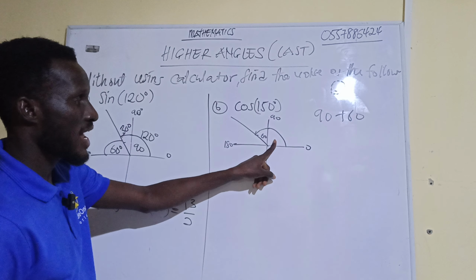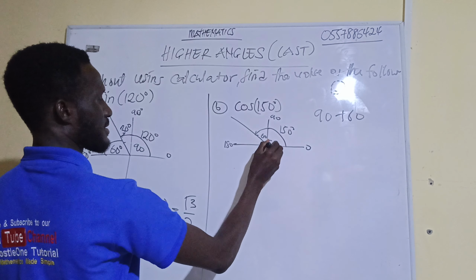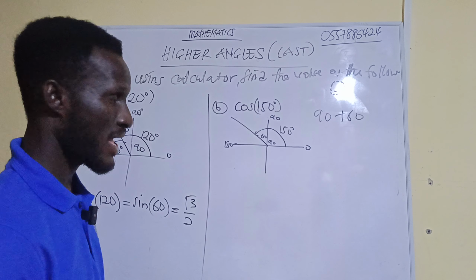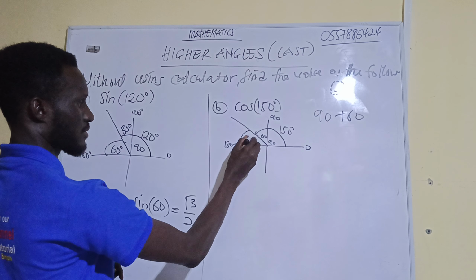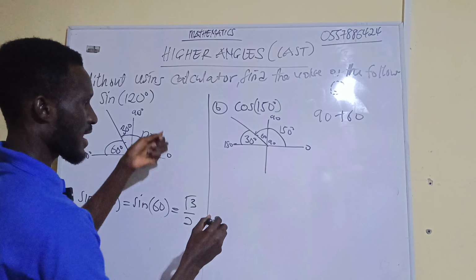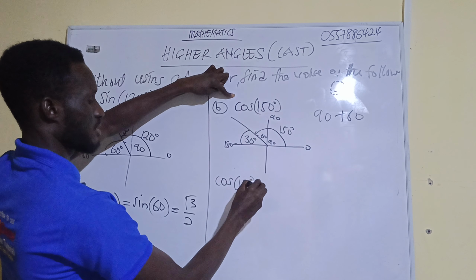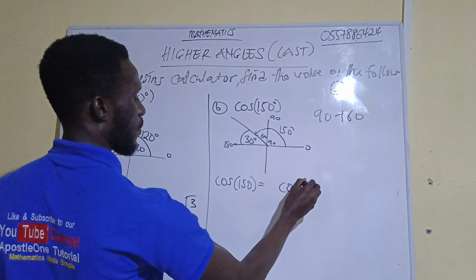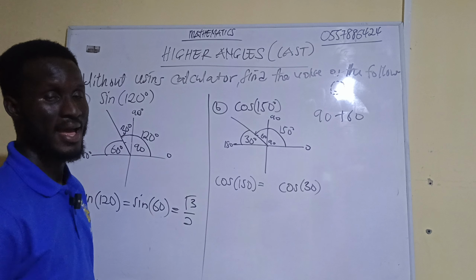It means that we have 90 plus 60, which is 150 degrees. Now check the angle along the x-axis. The angle along the x-axis will be here, which is 30 degrees. So I can say that cos 150 degrees is the same as cos 30. Why 30? 30 is the angle along the x-axis.